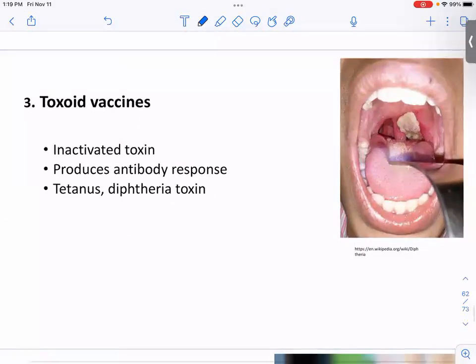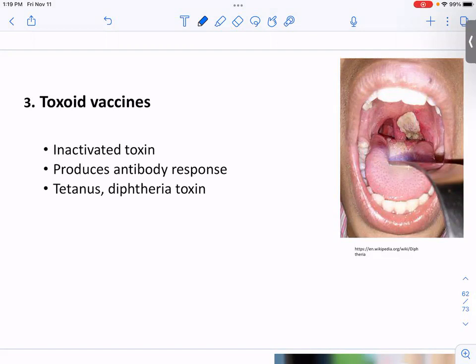Okay, so a lot of our vaccines are some kind of killed vaccine. For a couple of infections, the damage done in our bodies is really due to some kind of exotoxin that's produced. So it makes sense to take that toxin and inactivate it, usually by heat or some kind of chemical treatment.